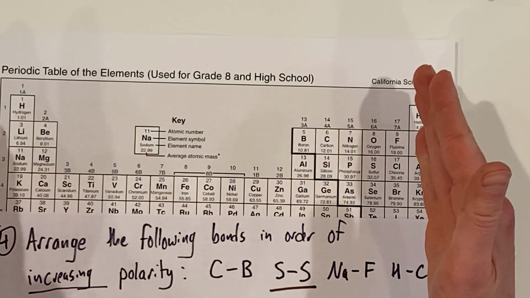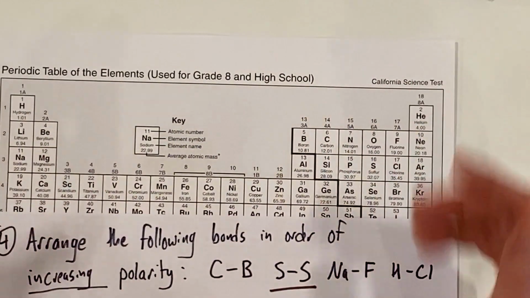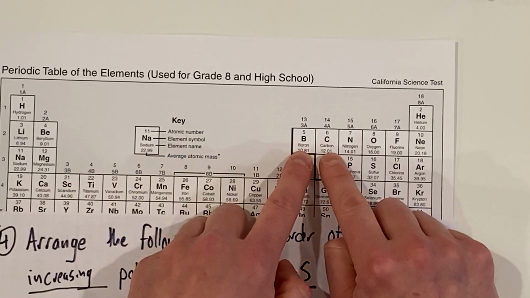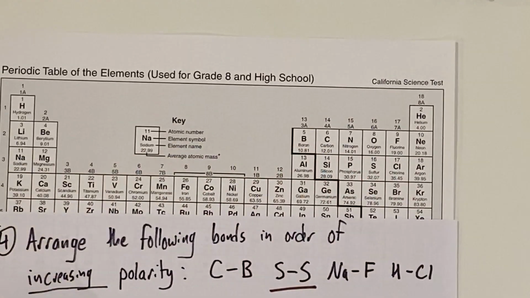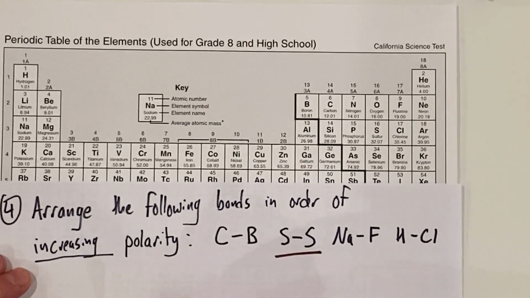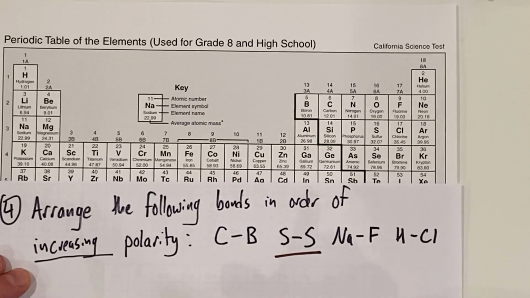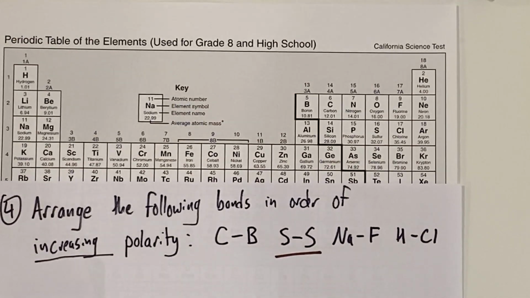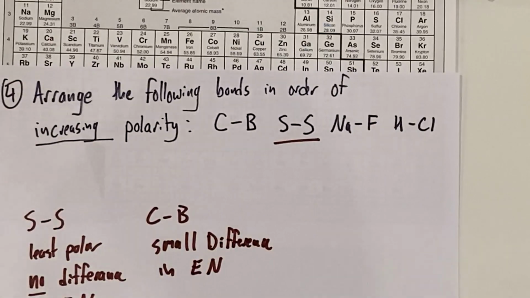The bigger the electronegativity difference, the more polar the bond. Obviously boron and carbon are right next to each other, so they're going to have a small electronegativity difference. So this is going to be a pretty non-polar bond as well. So next we'll go carbon-boron, small difference in electronegativity. So that will be the next bond that we have there.